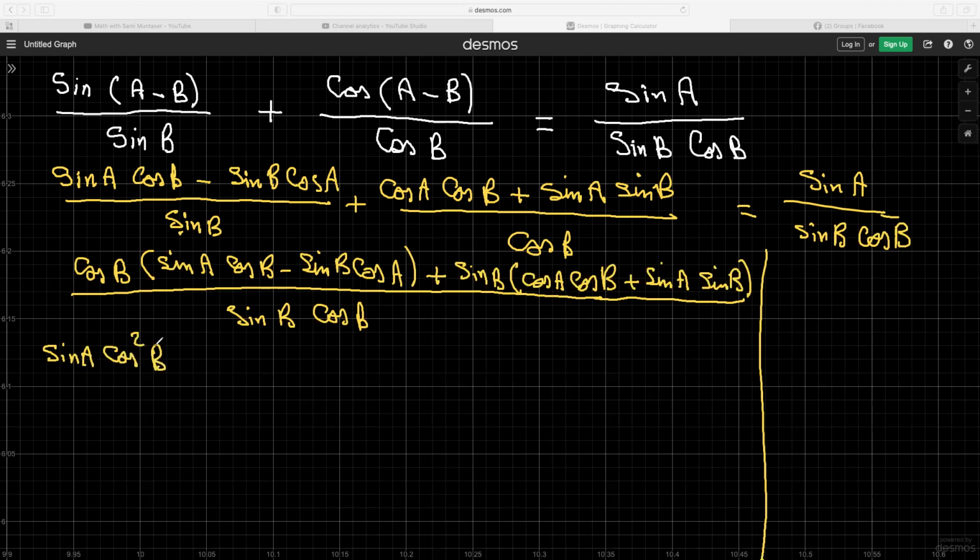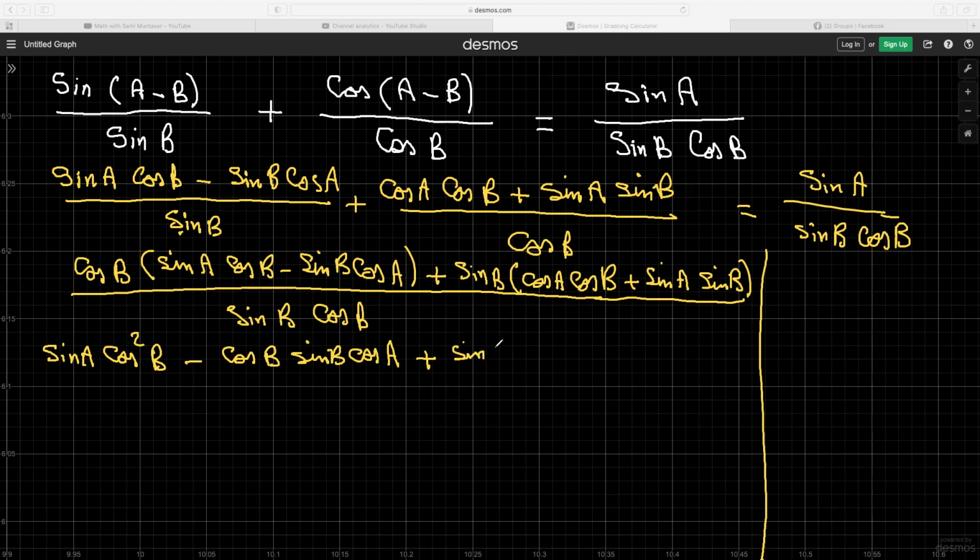cos squared B, because cos B times cos B is just going to be cos squared B, minus, and when we multiply it here, we're just going to get cos B sine B cos A, plus, here when I multiply this into here, I'm just going to get the same thing.